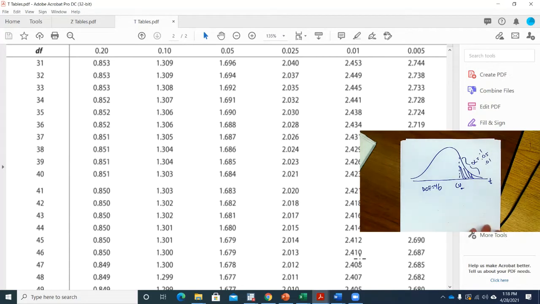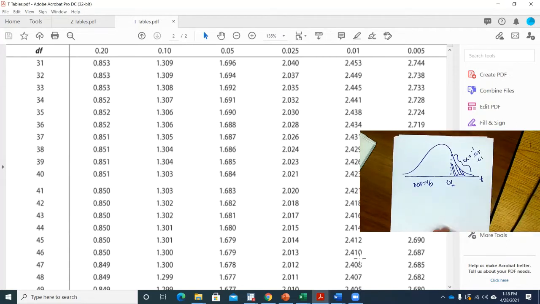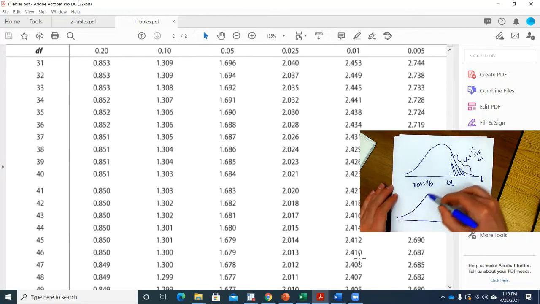Okay? So I'll blow this up in a second, but I want to make sure I don't forget all these values. So 1.300, 1.679, and 2.410.